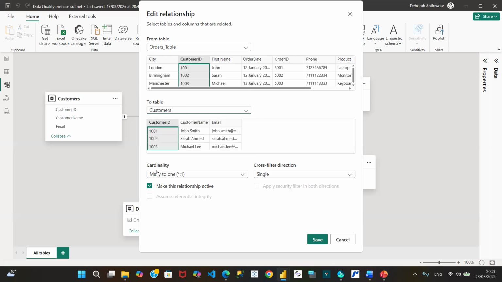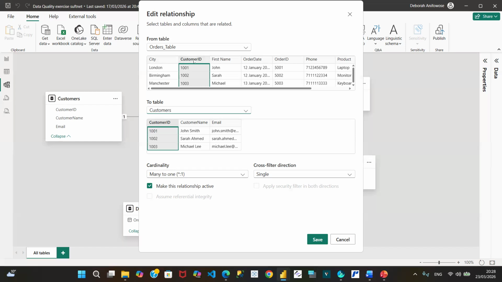Cardinality, that is the type of relationship. It's telling us that the cardinality, the type of relationship that is formed here, is many to one. Many being the relationship is flowing from other table. This is called many because customer ID can appear many times here.